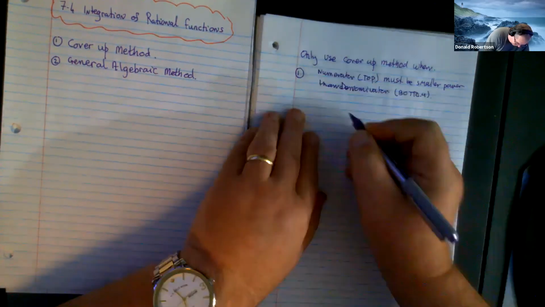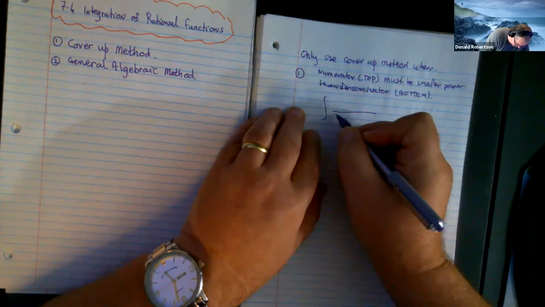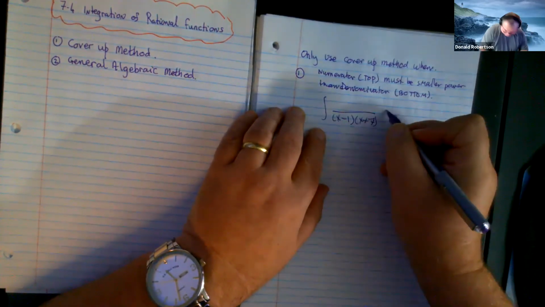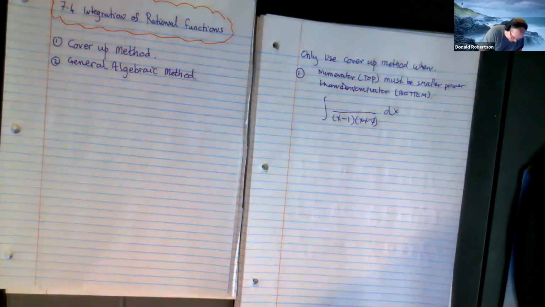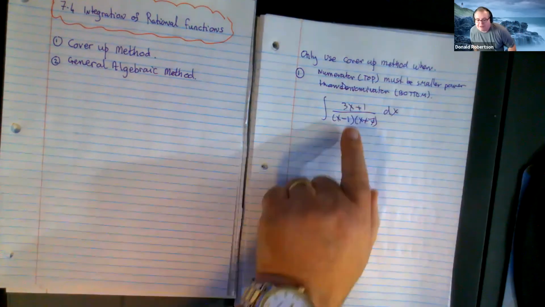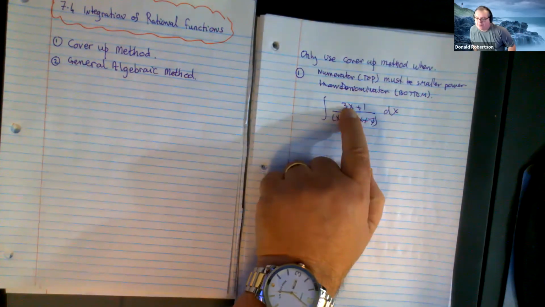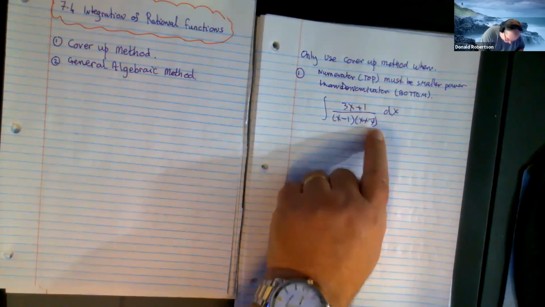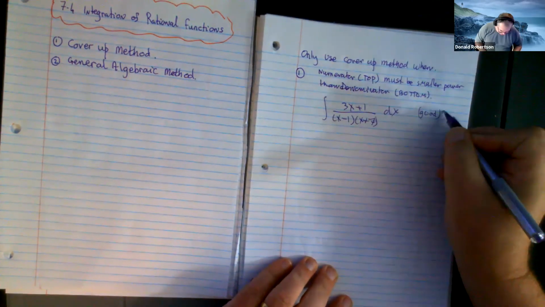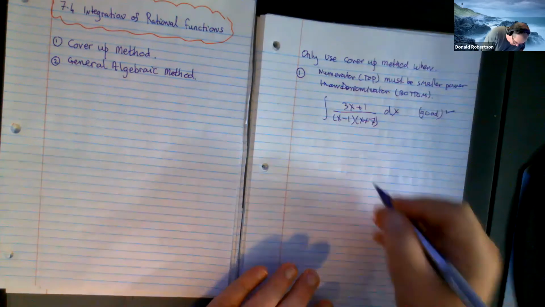So suppose you were doing x minus 1, x plus 7. Would you agree that looks really good? And the top was 3x plus 1. The top here is x, isn't the bottom an x squared? That is good to go. You can use the linear cover-up method.